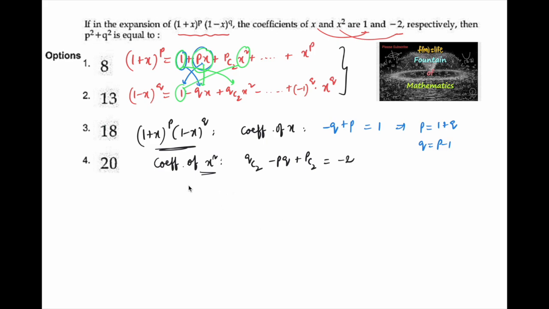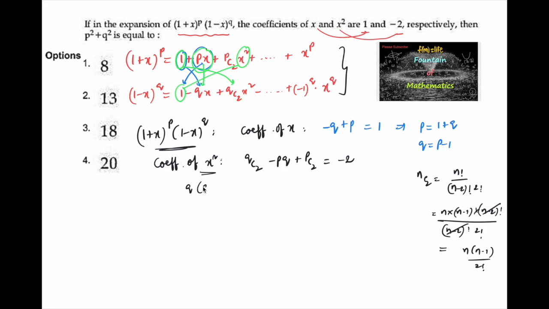So nC2 is equal to n factorial by (n minus 2) factorial into 2 factorial, that is n into (n minus 1) into (n minus 2) factorial divided by (n minus 2) factorial into 2 factorial, which can be written as n into (n minus 1) divided by 2 factorial.